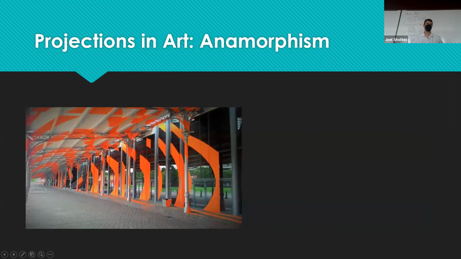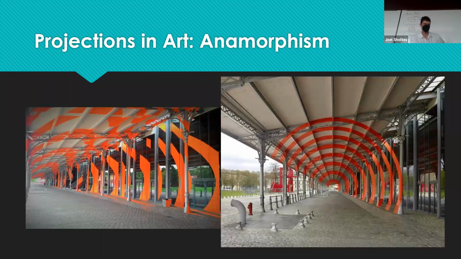Let's just think about projections from a more artistic standpoint before we get into this mapping application. Here's a public artwork that involves projections. Viewed at a certain angle, it looks like, I don't know, a tiger tunnel or something. But if we go in the right place, you can see it's actually a really cool piece of work that uses the idea of projections, taking a three-dimensional system.